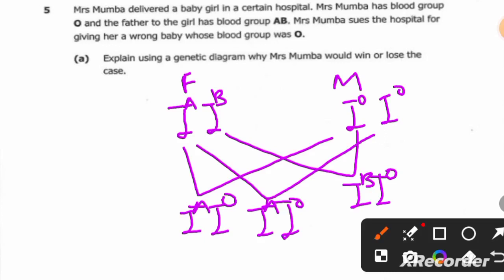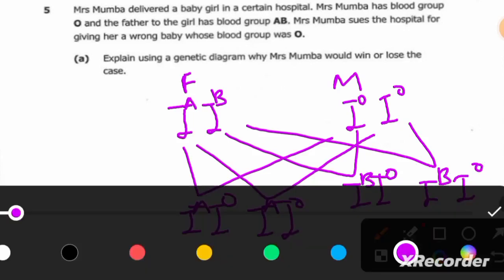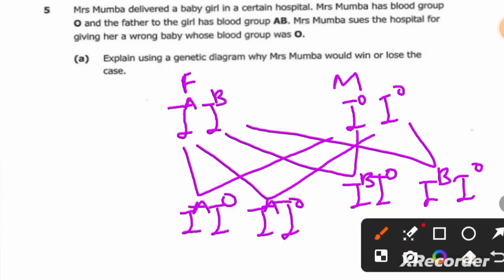We are going to cross this one and this one. So we are going to produce another offspring with the blood group B. So we have seen that we have produced two offsprings with blood group A and two offsprings with blood group B.